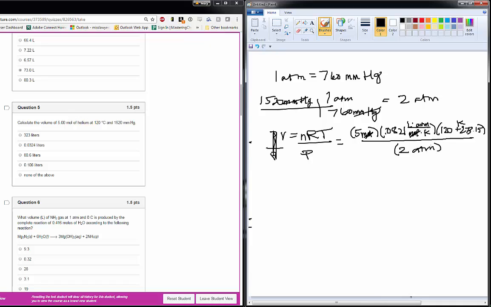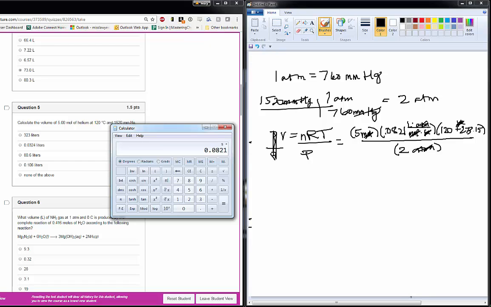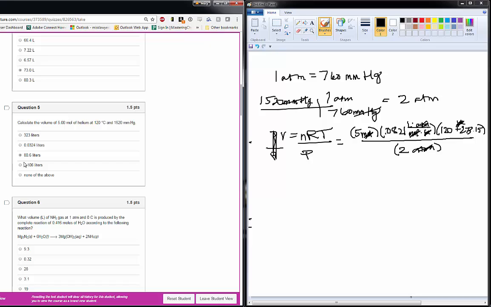Moles cancel, atmospheres cancel, Kelvins cancel. We're left with liters, which is what they're asking for. 5 times 0.0821 times 120 plus 273.15 divided by 2 atmospheres gives me 80.6 liters.